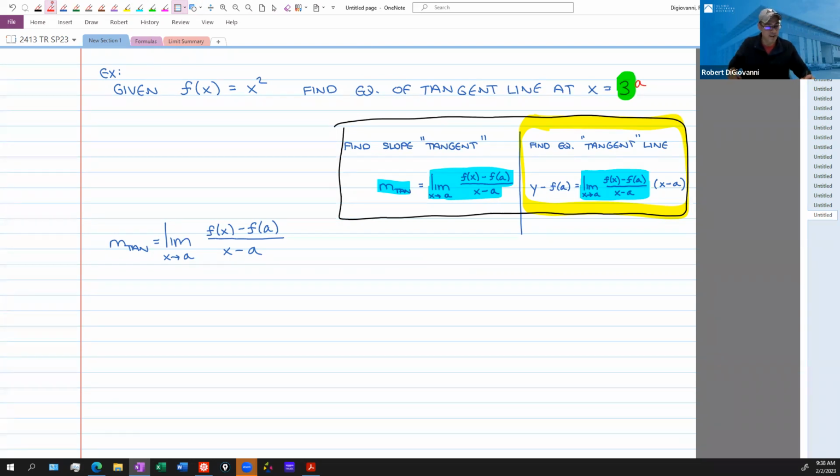So I'm going to rewrite this limit, and I'm going to let x get closer to 3. Think about it. We have an anchor point at 3, and we want to let the x get closer to it. Then I write f of x minus f of 3 over x minus 3.